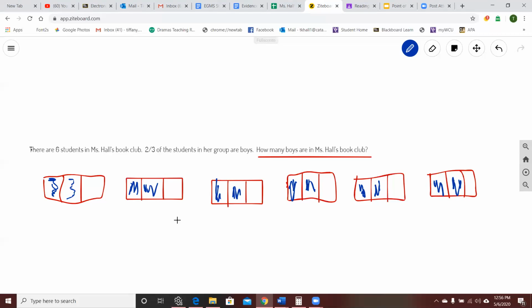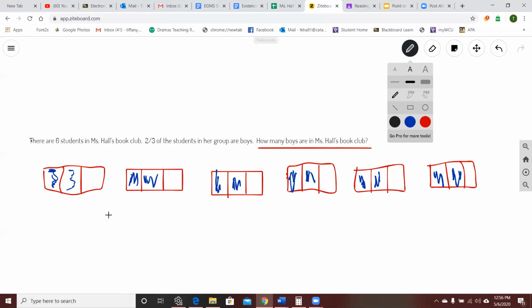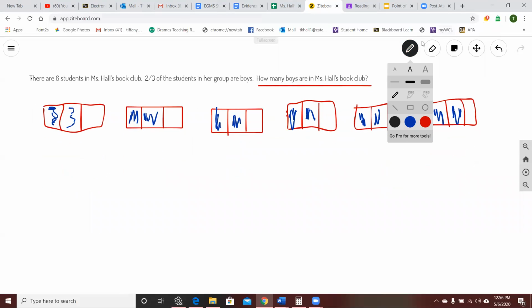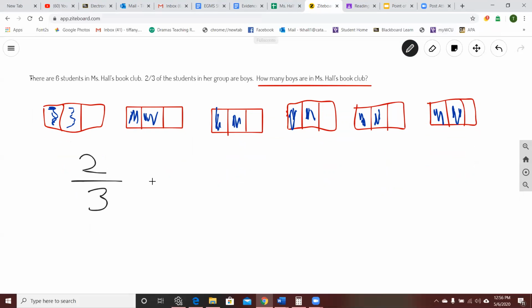Because basically what you are saying here is that you have 2/3 of 6, okay? You're looking for 2/3 of the 6, and that ends up being 2/3 times 6.